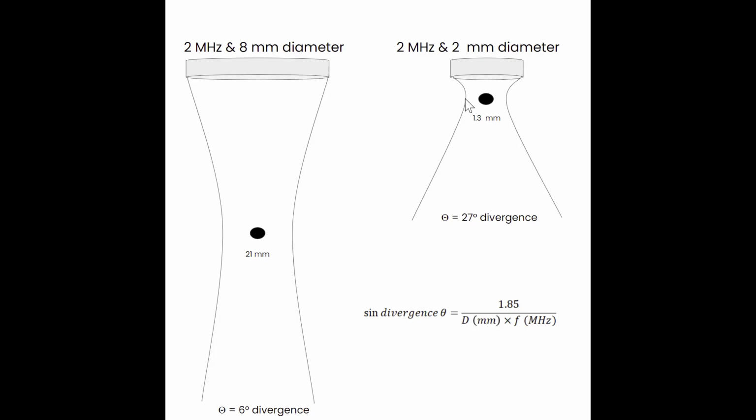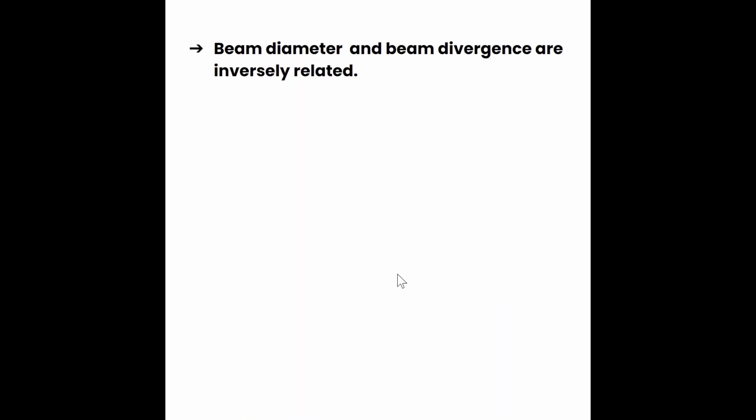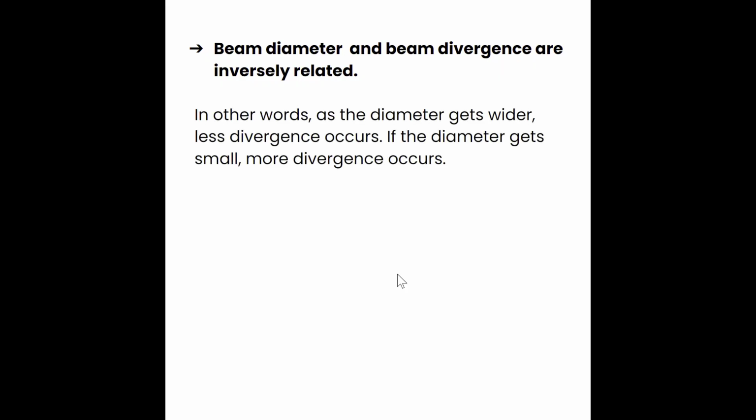If there was 0 divergence at this point, the beam would just keep heading straight forward. But at this point, it turns at 27 degrees and keeps widening beyond that point. So now from these examples, we can see again that beam diameter and beam divergence are inversely related. So as the beam diameter gets wider, less divergence will occur. If the diameter gets smaller, then we're going to see more divergence.